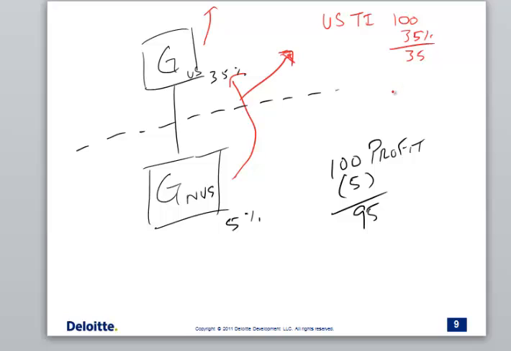We get a foreign tax credit. How much is our foreign tax credit? 5. So we pay 30 bucks in tax, right? Do we want to do that? That's no fun.